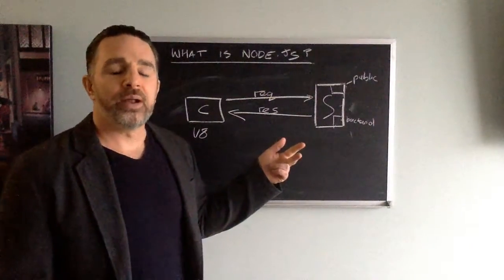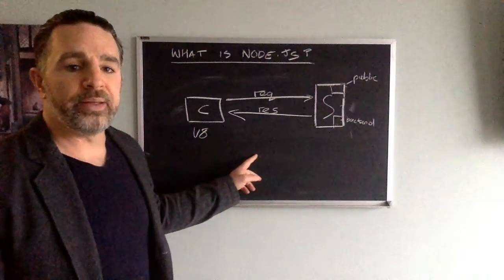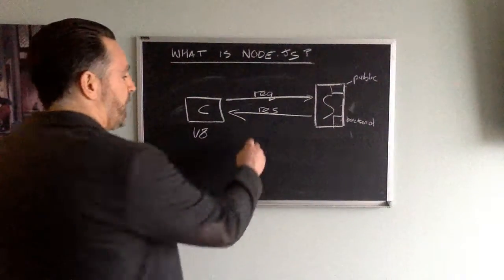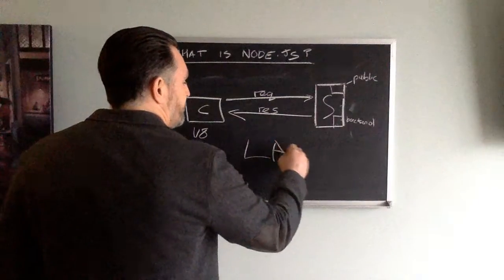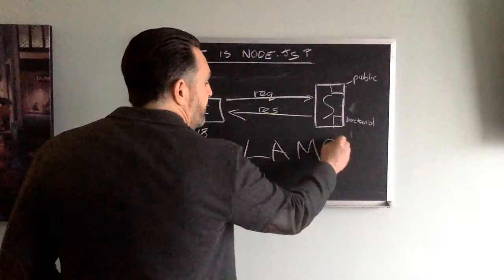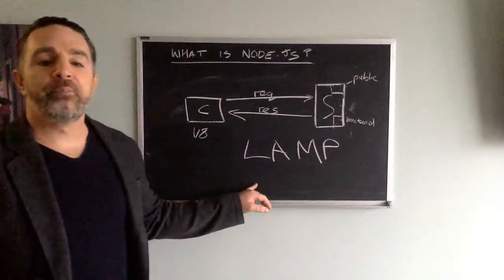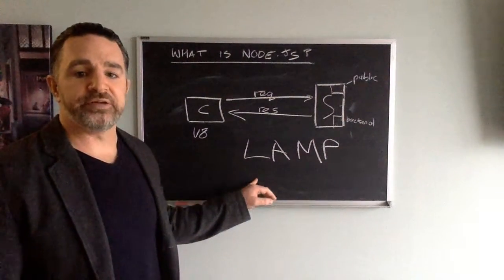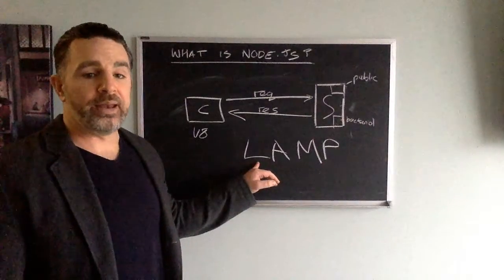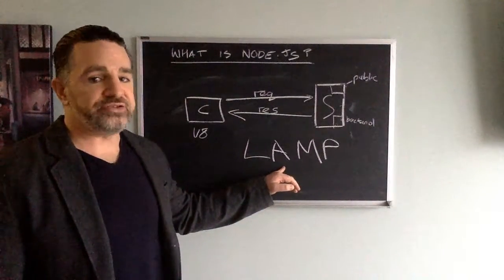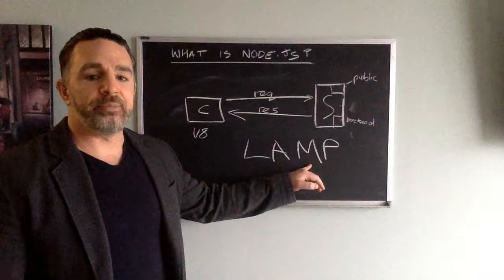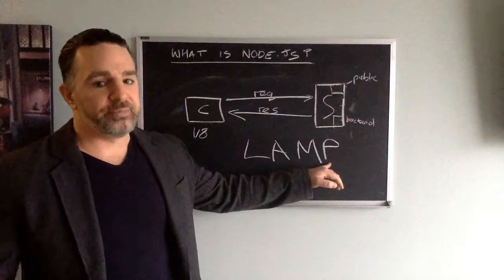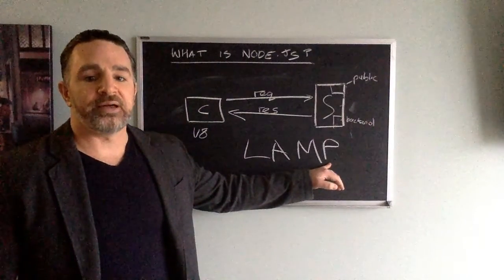To give you an example, let's look at something that you may be familiar with, which is a LAMP stack. The LAMP stack is a very, very popular way of running servers. It's basically using a Linux operating system, an Apache server, a MySQL database, and PHP, as we mentioned earlier, for your server-side logic.